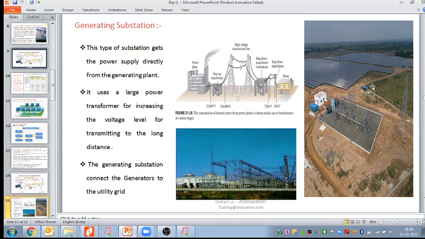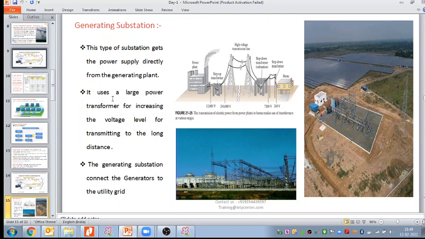As we can see here, this is my solar power plant, and this is my generating substation taking power directly from the solar PV. Here we have thermal plants too, taking power directly from the generating plant at 12 kilovolt.